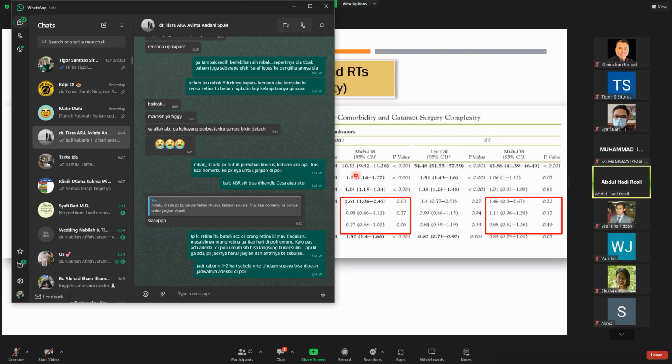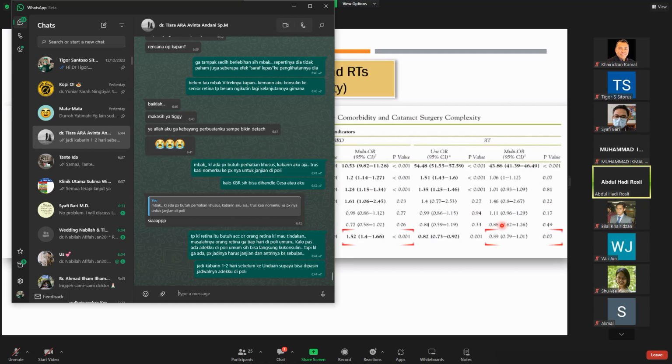For cataract complexity, the analysis showed only hypermature cataract was associated with increased incidence of RRD, with significant statistical analysis, but no risk factor was found to be significant for retinal tear.